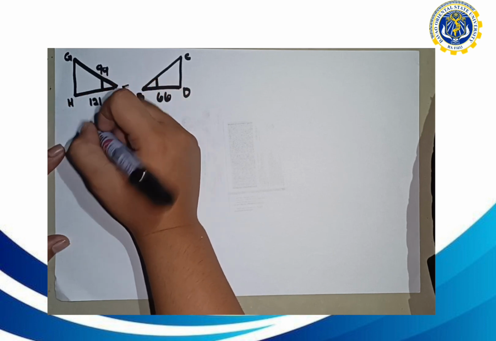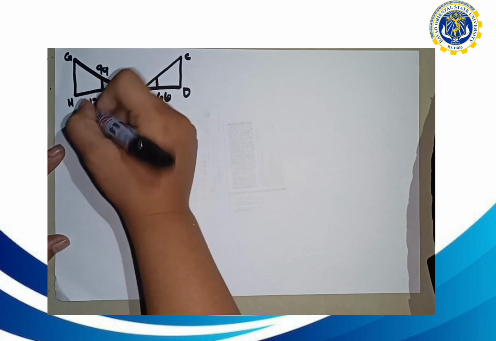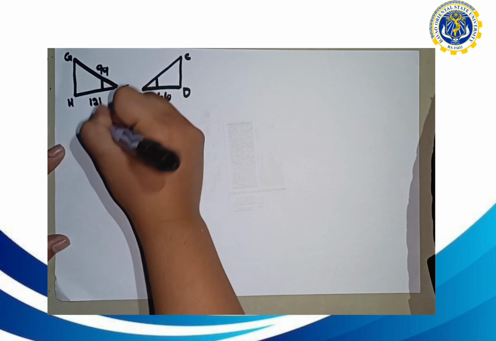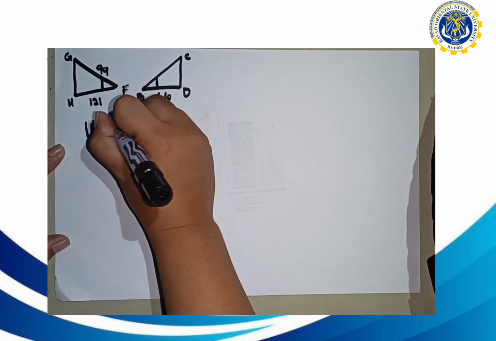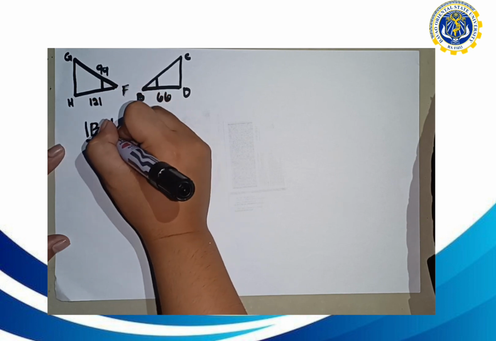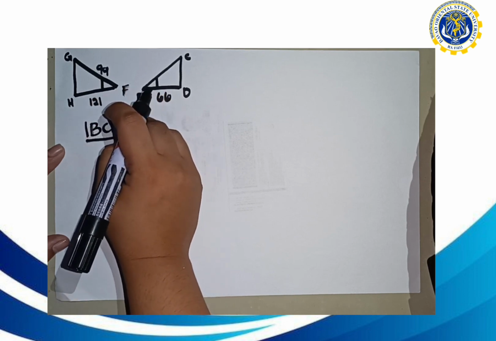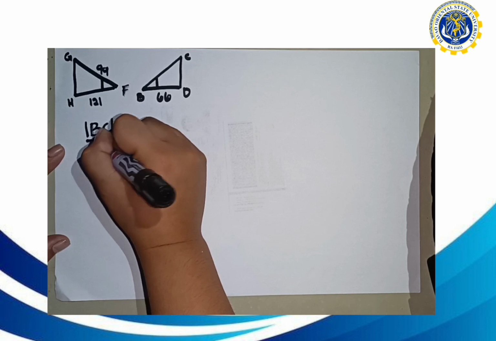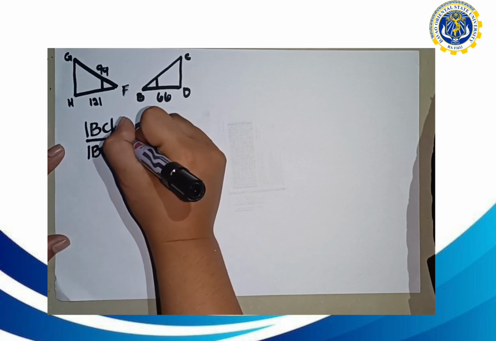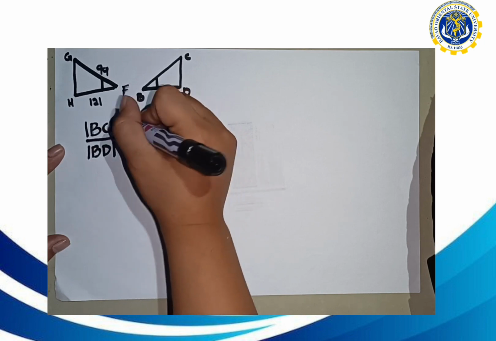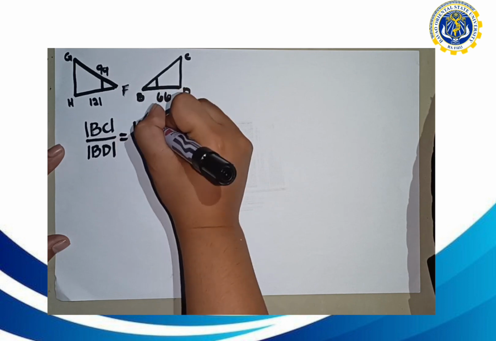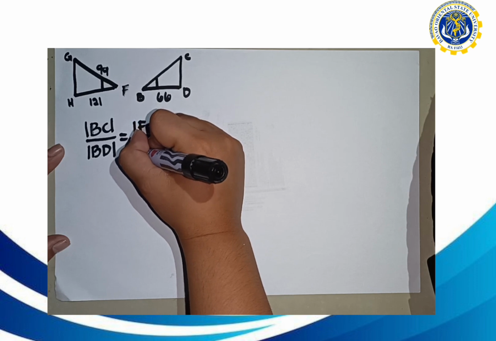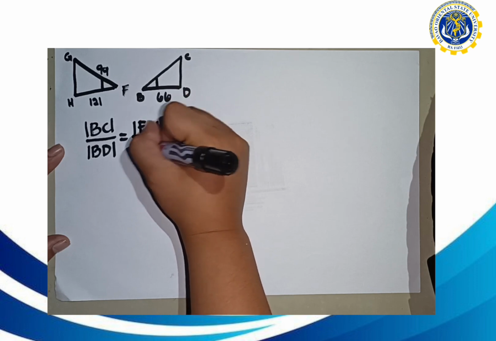So we have BC, which is unknown, over BD, equal to FG over FH.